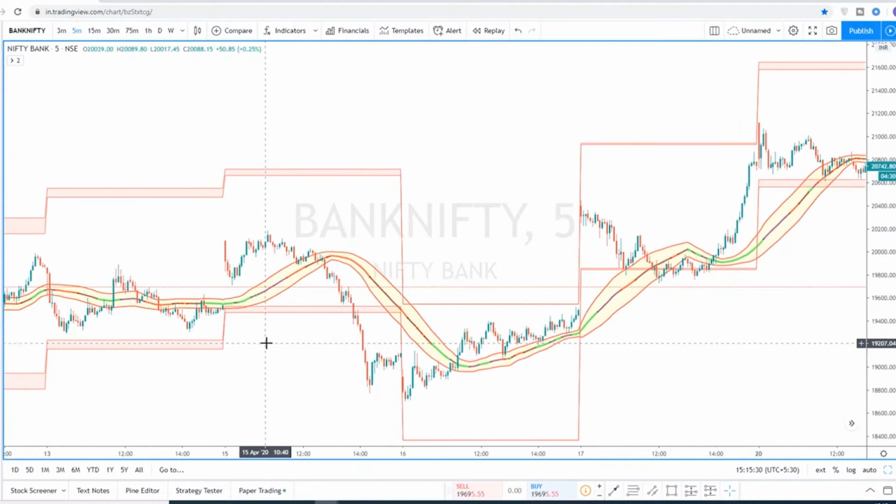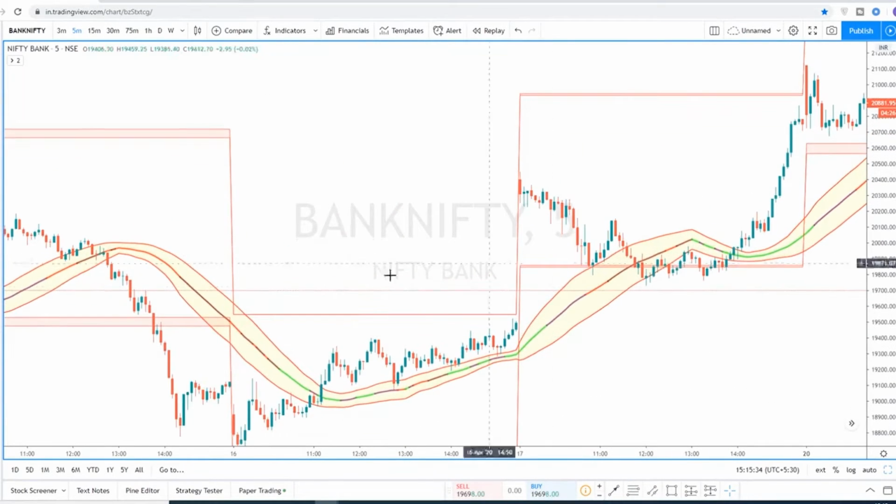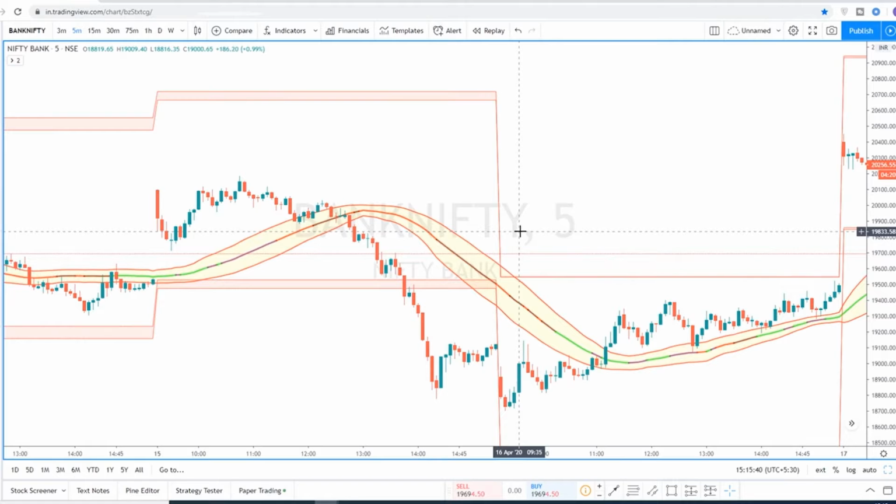Okay, so let me just quickly go through how you must trade bank nifty for this strategy. Basically what you have to do is just play around the zones, both the bands and the zones.